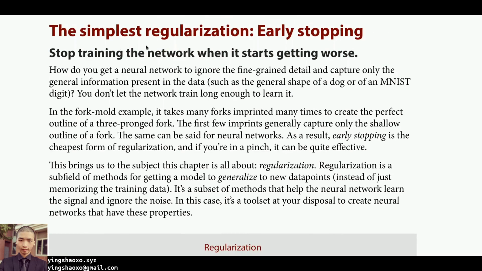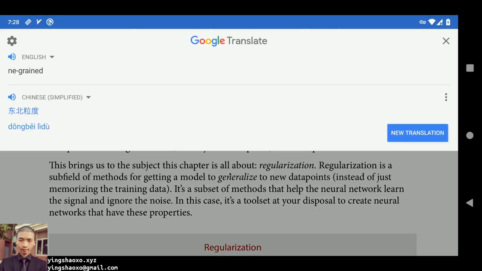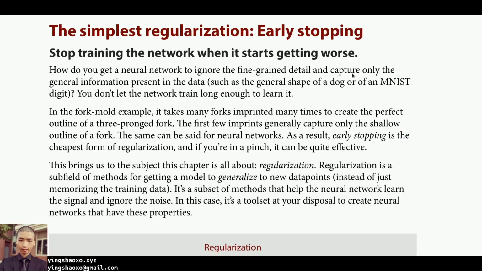The simplest regularization is early stopping: stop training the neural network when it starts getting worse. How do you get a neural network to ignore the fine-grained detail and capture only the general information present in the data, such as the general shape of a dog or a digit? You don't let the network train long enough to learn it.